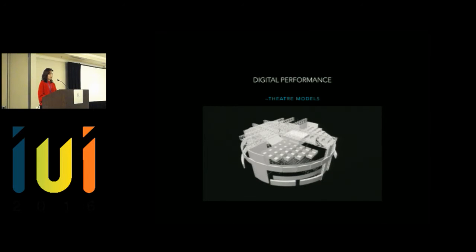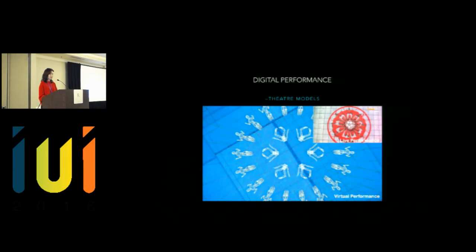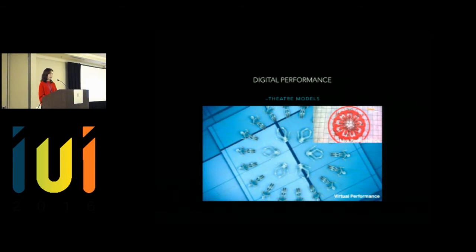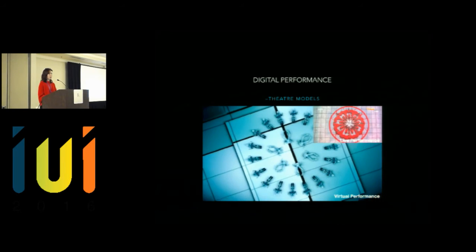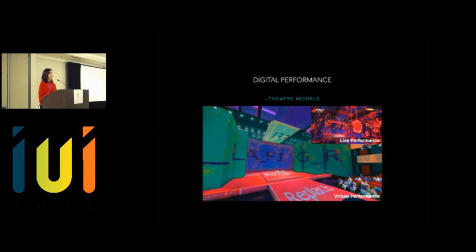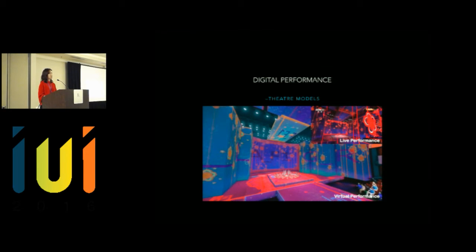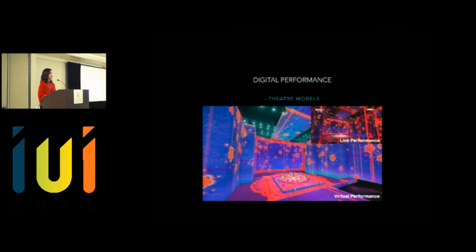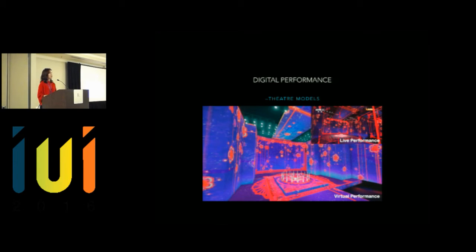Here, we are using the laser scanner to measure the complex structure. And also, we create this virtual environment in a game engine. And we provide this environment to the stage director so they can create, manipulate, and test all the performing elements in a totally interactive way.